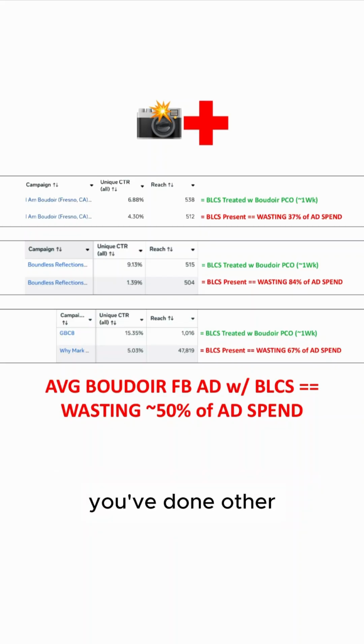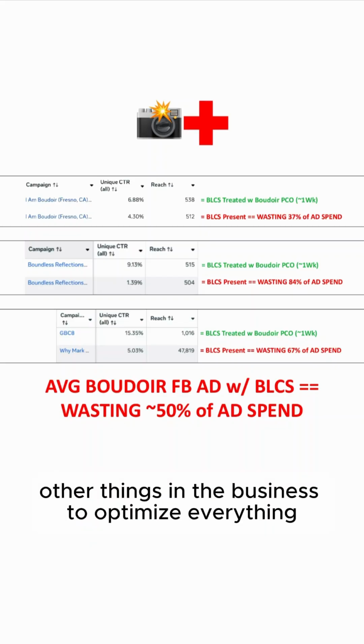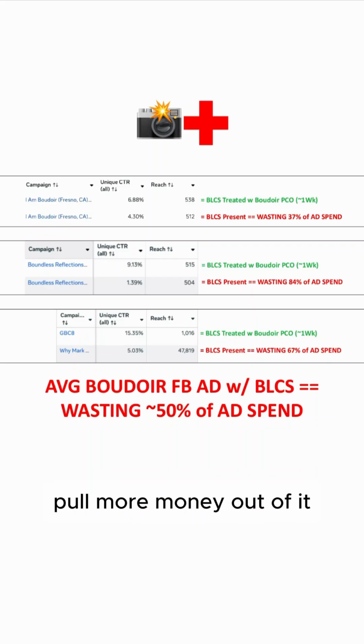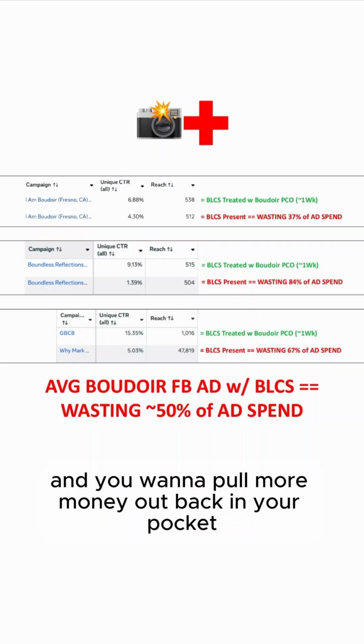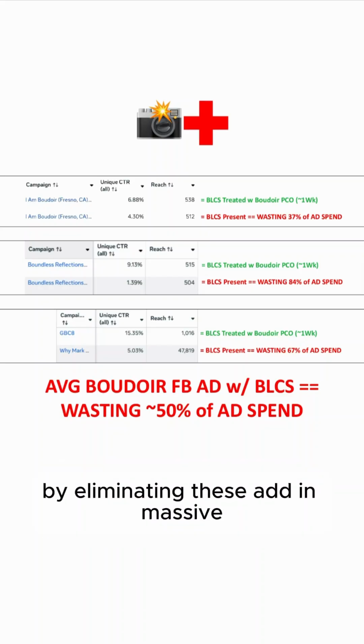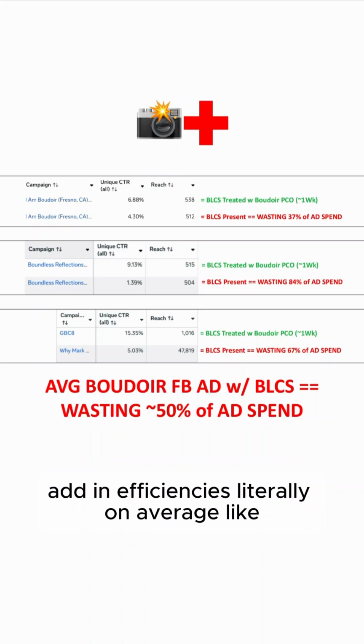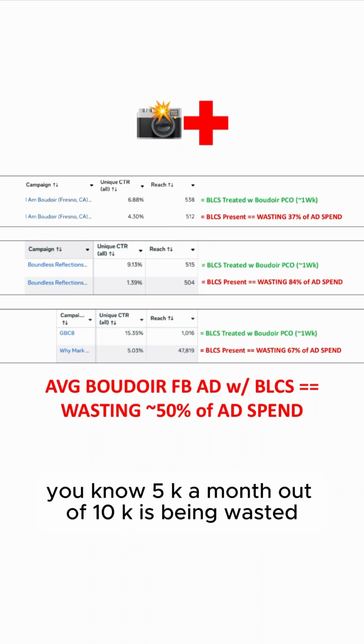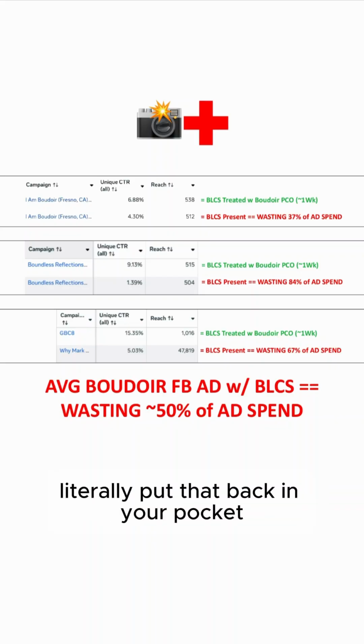You've done other things in the business to optimize everything, and you want to pull more money back in your pocket by eliminating these massive ad inefficiencies. Literally on average, it's like 5K a month out of 10K being wasted. Put that back in your pocket.